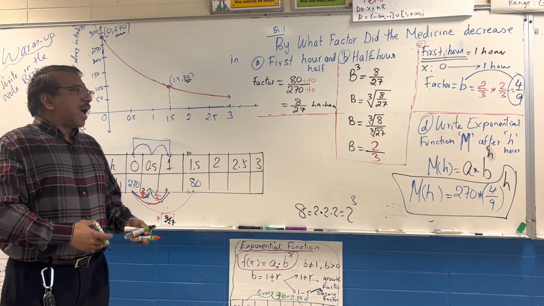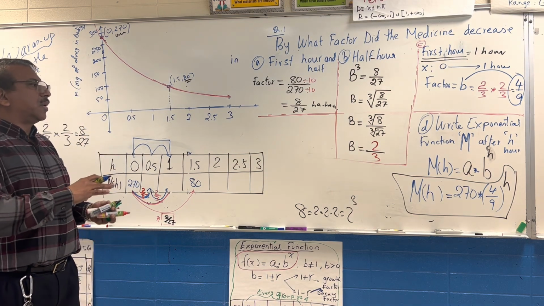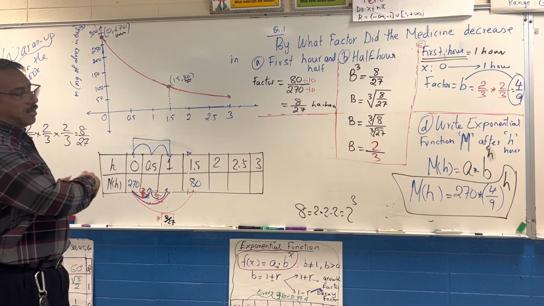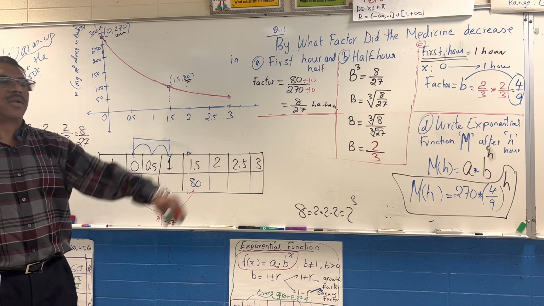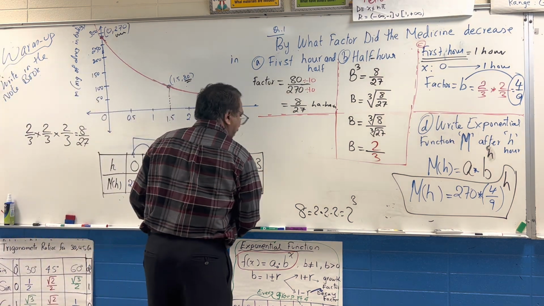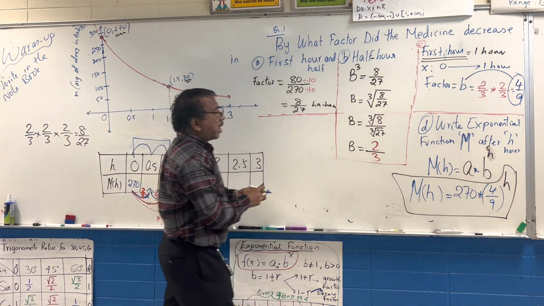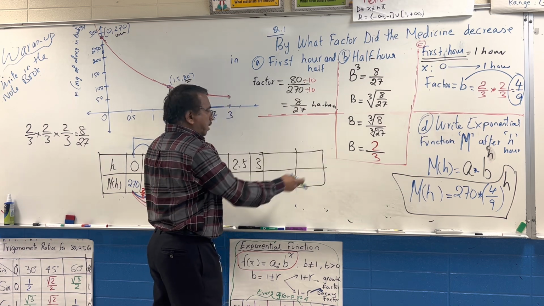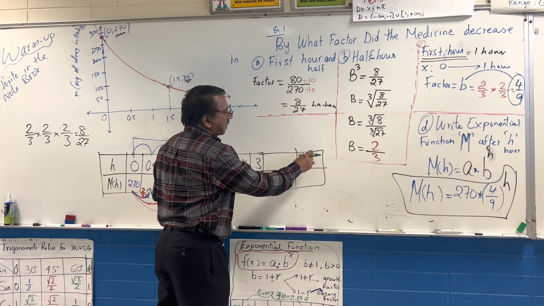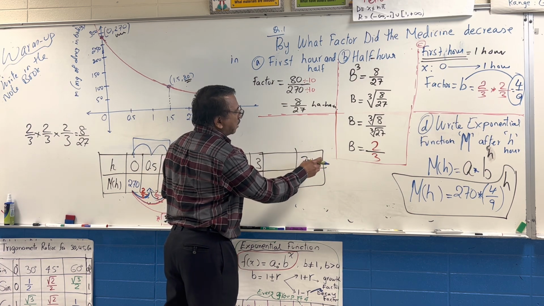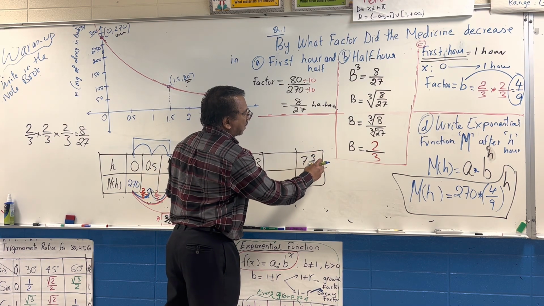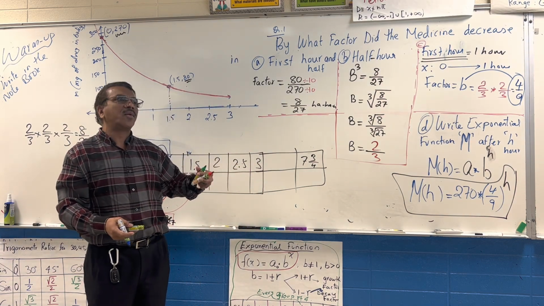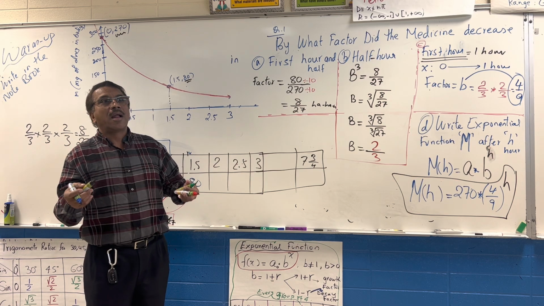And I don't want to know the answer. The goal is, can you guys create and model a real application into an exponential function? And that's how you get there. No matter how many hours have passed, somebody could just tell me, hey, what if it was 7 3/4? What does that mean? It is 7 hours and 3/4.